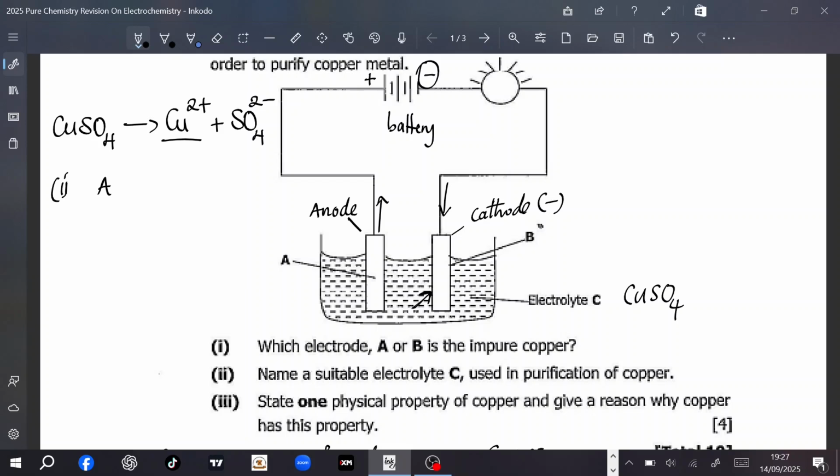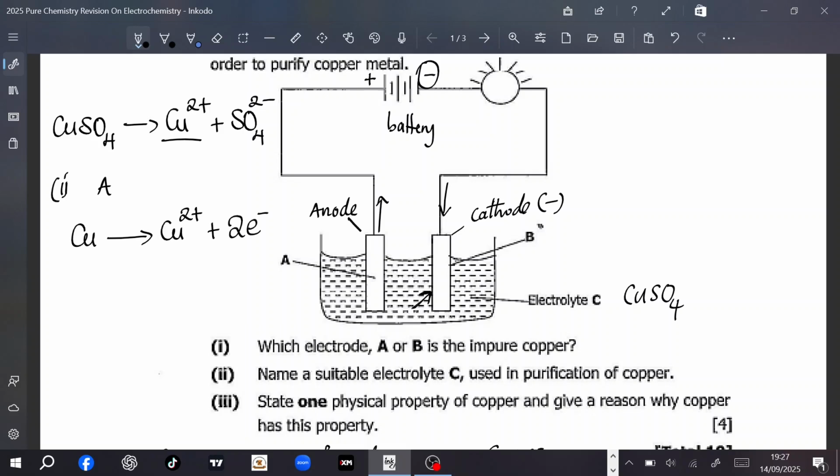What happens at the anode is this reaction here. Copper dissolves in the solution so that it forms copper ions and loses 2 electrons.